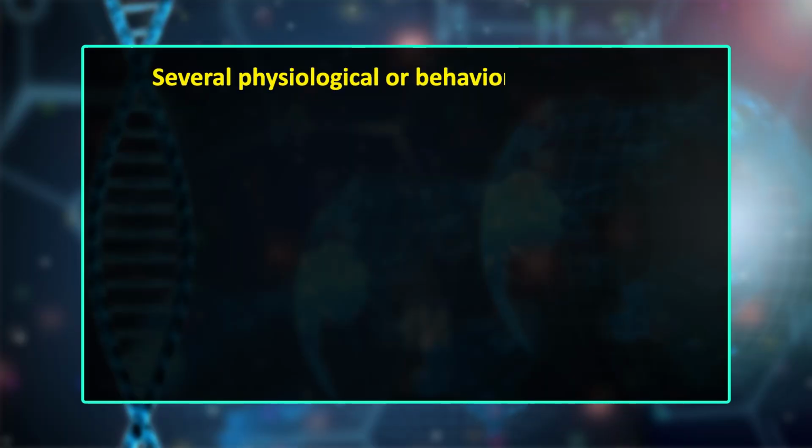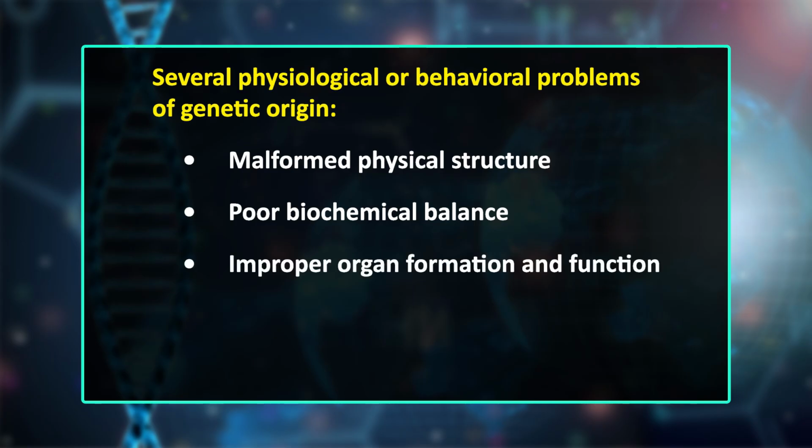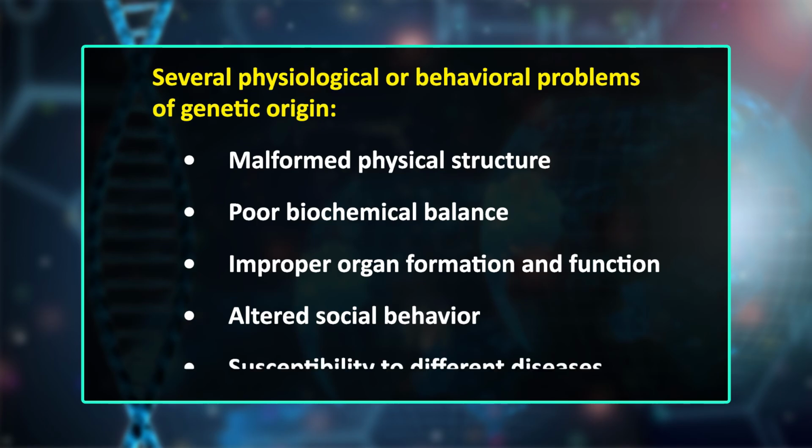This may cause several physiological or behavioral problems of genetic origin, such as malformed physical structure, poor biochemical balance, improper organ formation and function, altered social behavior, and susceptibility to different diseases.